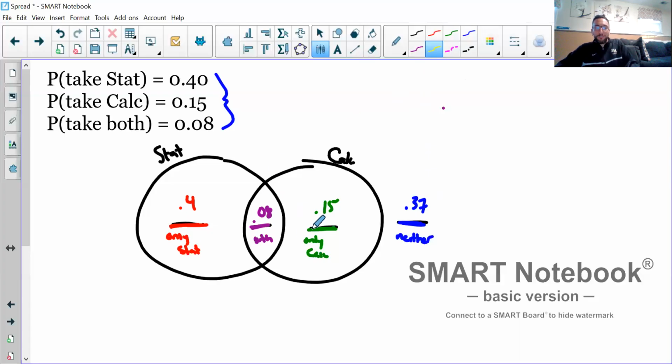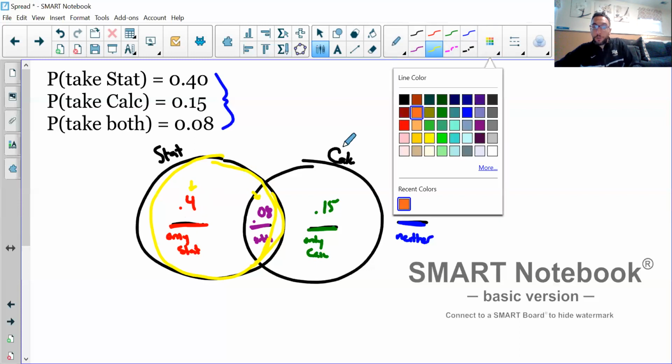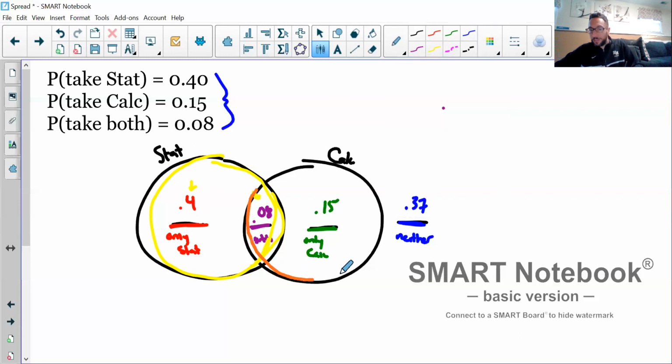Here's why. If we have these values in our Venn diagram, the total probability a student takes AP Stat should be 0.4. But right now, if I look inside this yellow AP Stat circle, it doesn't contain 40% of the data values. It contains 48%, because we've got this 0.4 here and this 0.08 over here inside the yellow circle. Similarly, the total inside the calculus circle in orange should be 15% for calculus.